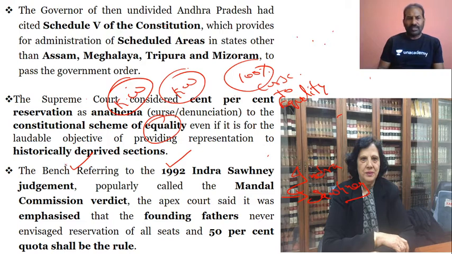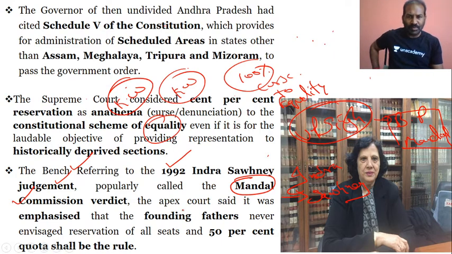In that case, there was a judgment made, and the Indra Sawhney judgment is also called the Mandal Commission verdict. This Mandal Commission was during the VP Singh government. Please do understand all this. The person who headed the Mandal Commission was BP Mandal. From the prelims point of view, I am trying to focus on each and every point.